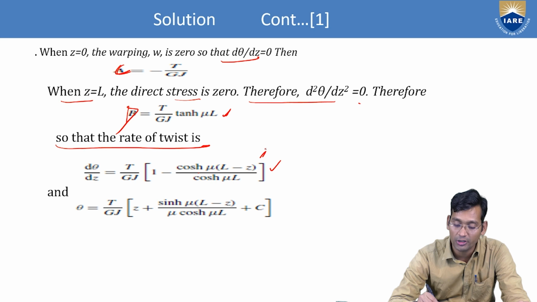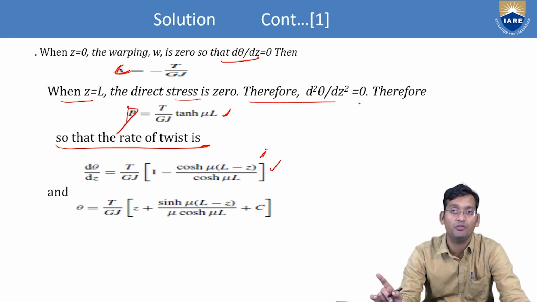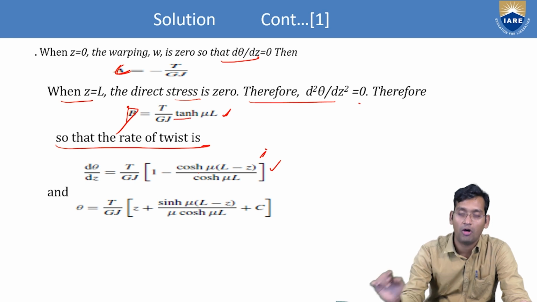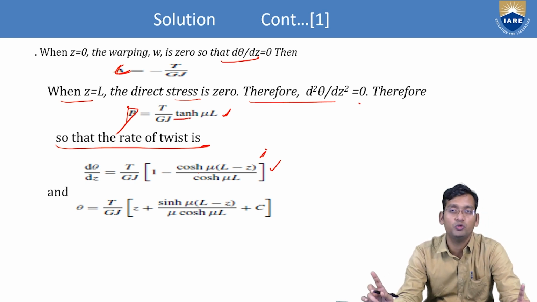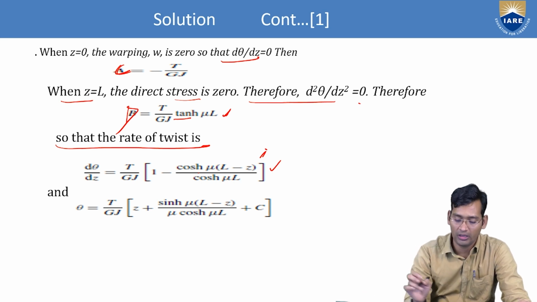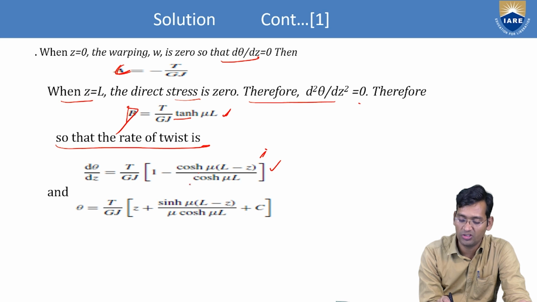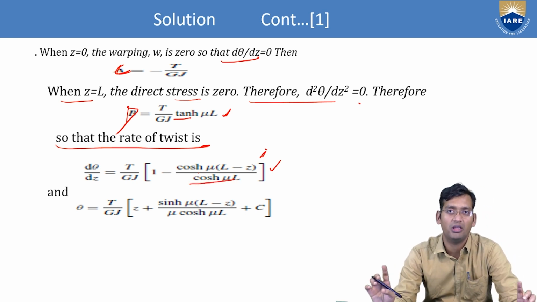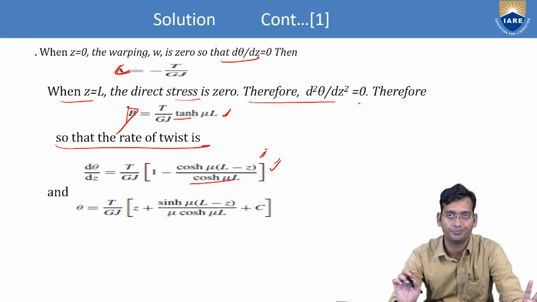First this will get converted using the cos A cos B minus sin A sin B formula, that is the cos of A minus B formula, right? Once you write tan h mu L as sin h mu L by cos h mu L, then take cross multiply. After taking LCM, this will be in the denominator, and then cos A cos B minus sin A sin B will give you the formula here.